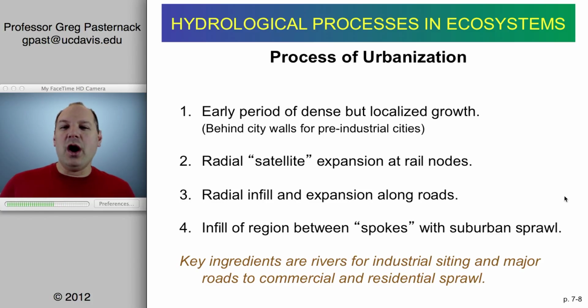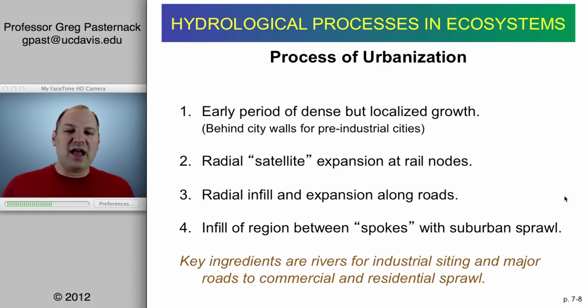Now, there's no one way that this takes place, but in the American context, what I'm showing here is a very typical sequence that we have seen, especially in the eastern United States that's a little bit longer lived in its development. In the West, where cities have only grown since the Civil War, or in the post-industrial revolution era, you don't necessarily see this full process.